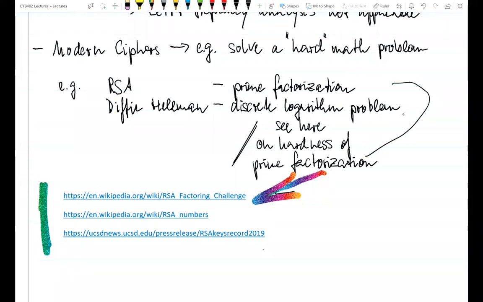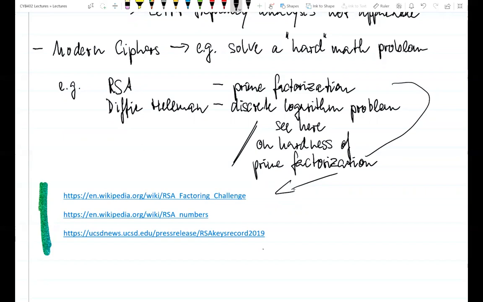It was invented by 3 guys from MIT, and it's also the name of the company. That company, RSA, over the years has given out challenges to the world for anybody to solve, just to get a feeling as to what key length is sufficient for keeping RSA secure.